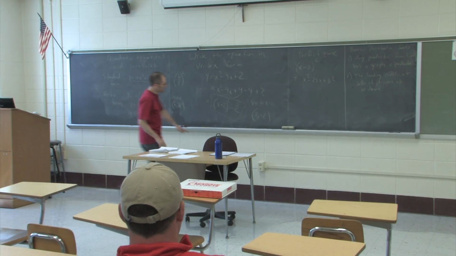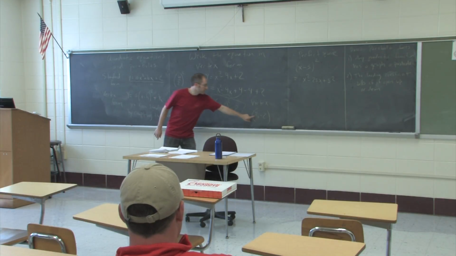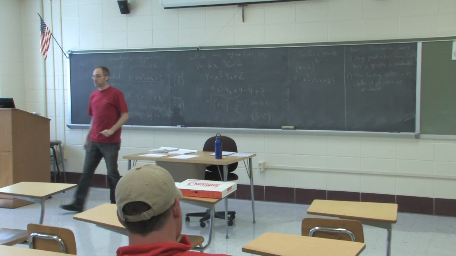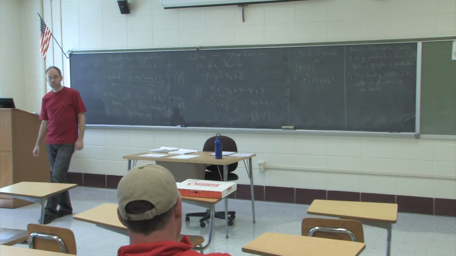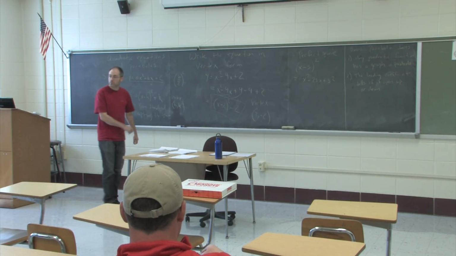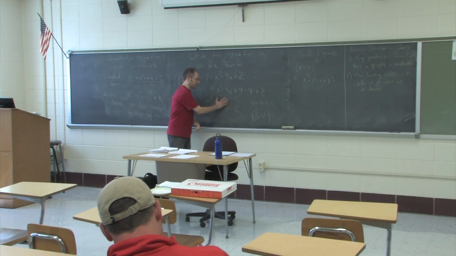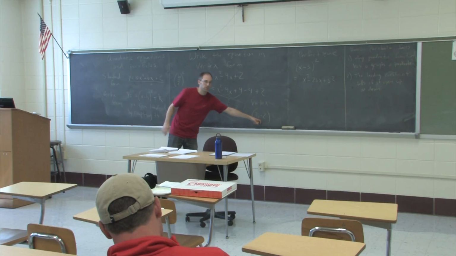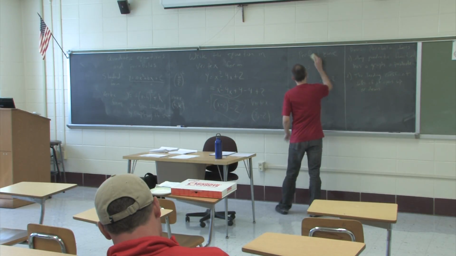Plug this in here. If I plug in 2 for x, do I get that y value? So I plug this in, that's gone, right? And I'm left with y equals -2. So that's how you know that that's the right vertex. So you should always check.